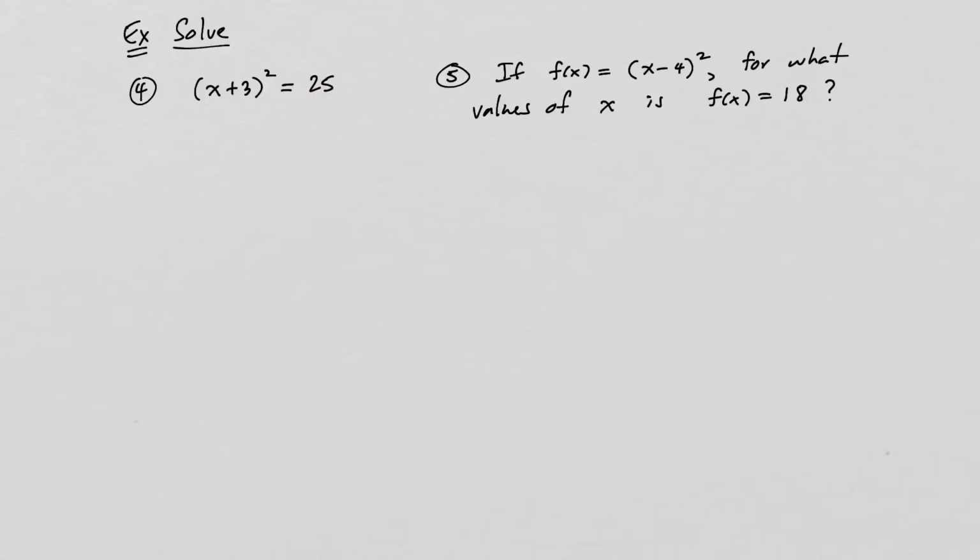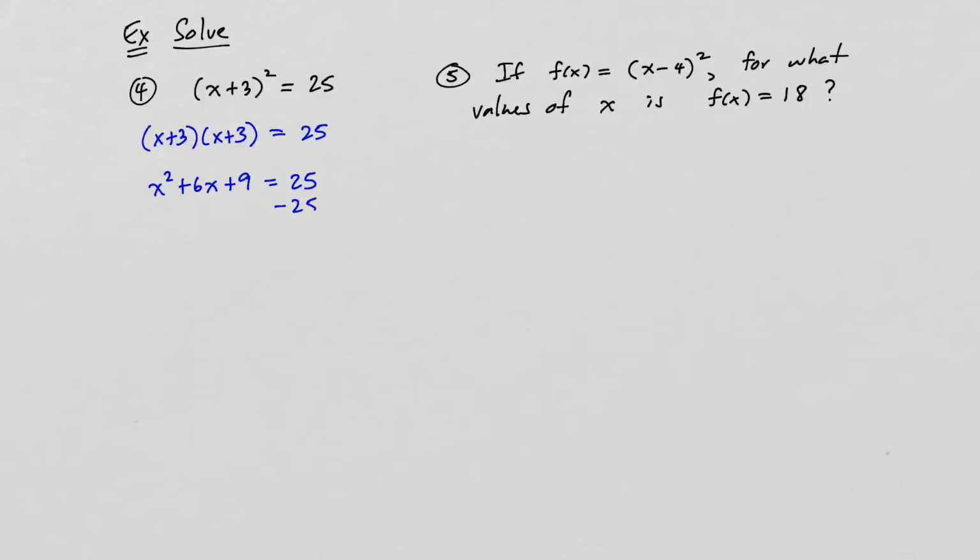Now, you could actually solve this problem two ways, and I want to show you both ways. One way to do it would just be to square it out. So the left-hand side is x plus 3 times x plus 3. The right-hand side is 25. If you multiply out the left-hand side, you get this equation.